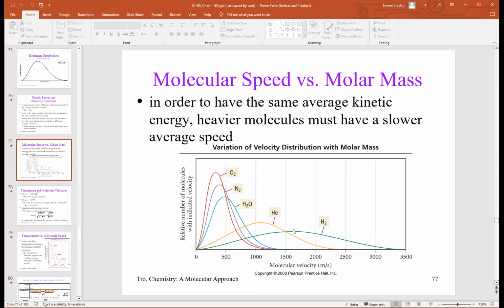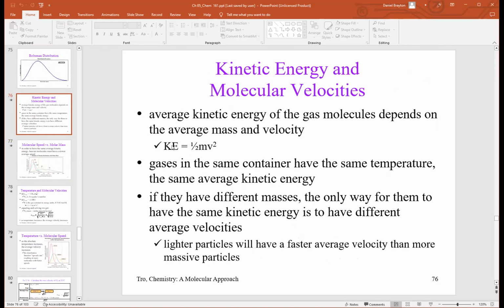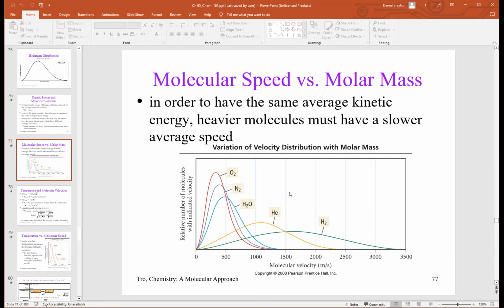Okay, I thought I saw another variation of the kinetic energy within the moving molecules. So if they're at the same temperature, which is what this is trying to say, right? This one's saying everything here is the same temperature. And so that means that they all have the same kinetic energy, but they're not all the same mass.